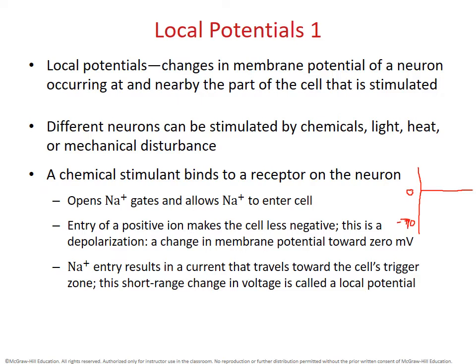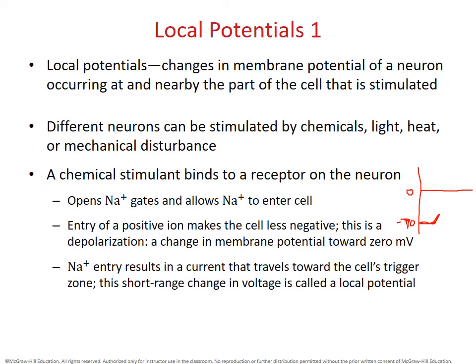So when a cell is at rest, at resting membrane potential, we are in a polarized state, a negative interior and a positive exterior. As sodium enters the cell during one of these local potentials, that is going to cause the inside of the cell to become more positive. If I was tracing this graphically, I would see an upward deflection in the graph here as the interior becomes less negative.